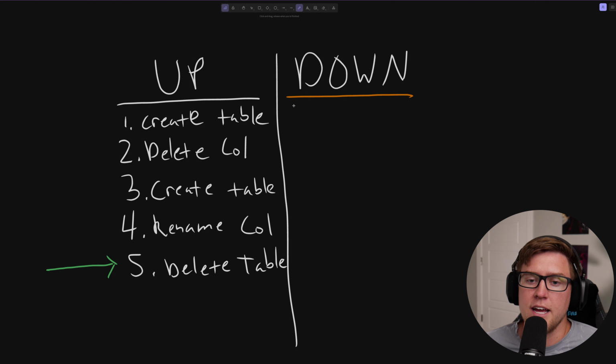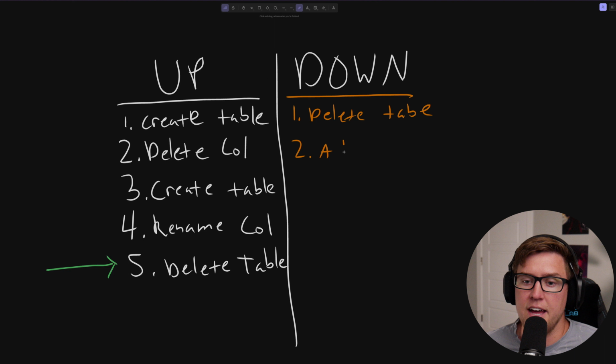But let's just talk about what they'd look like. A down migration is very simply just the opposite of its related up migration. So when you add a new table, you might also log a down migration that deletes that same table. So delete table. Here we'd have add column, right? We're just doing the inverse of the equivalent up migration.